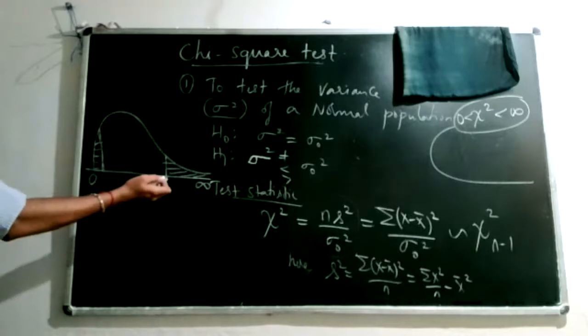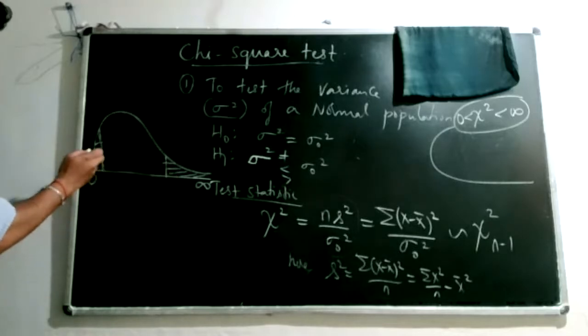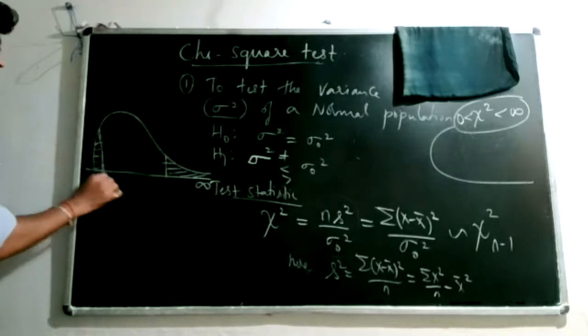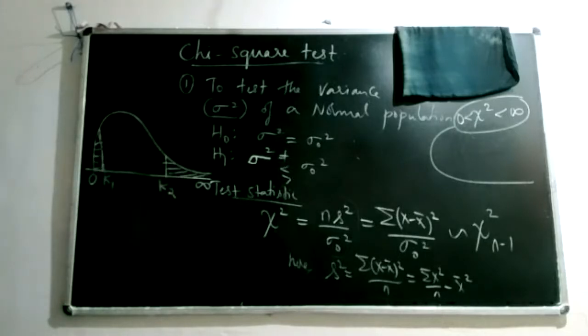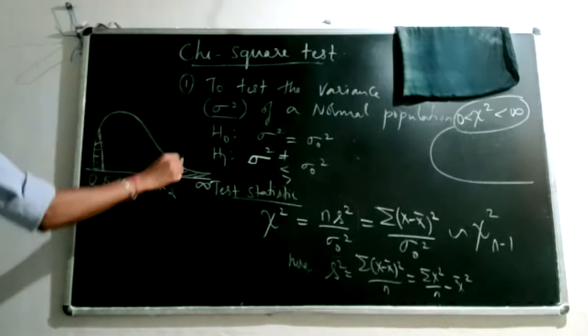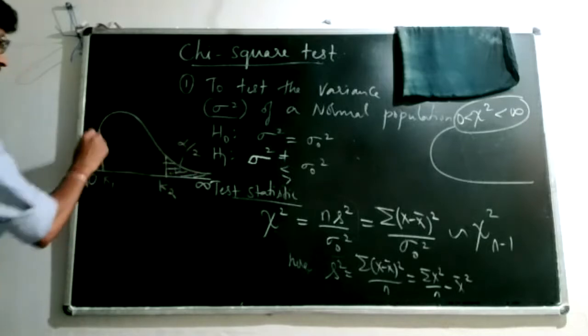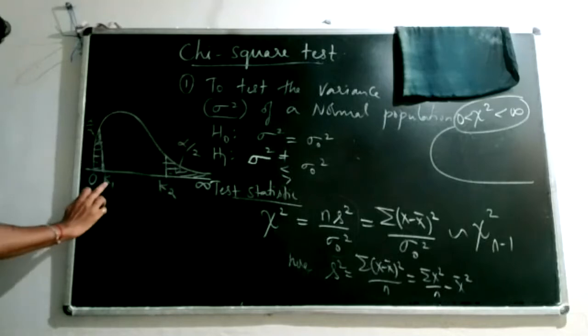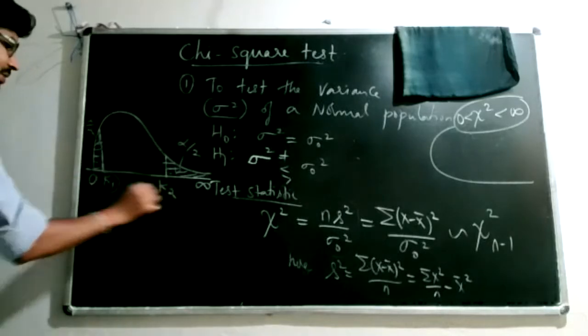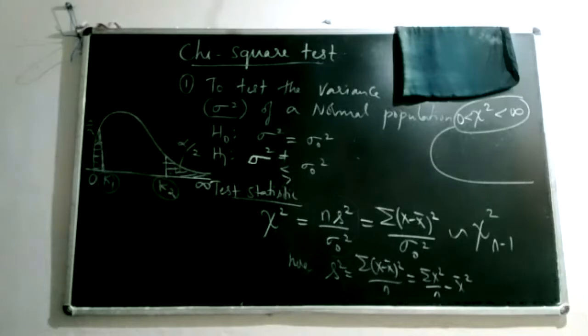So whatever alpha I fixed, the region was the same. So if I observe a k here, I could easily observe minus k. But here there is no negative value for chi-square. Though my region is the same, alpha by 2 and alpha by 2, the shape is different. So the points will be different because the distribution is not symmetric. So you will have K1 as well as K2.